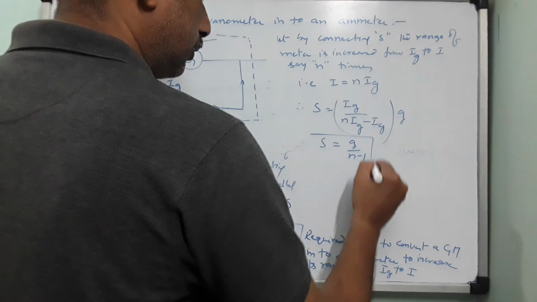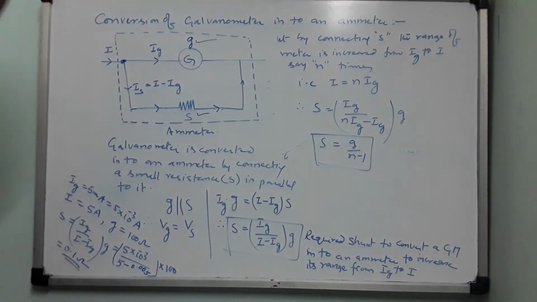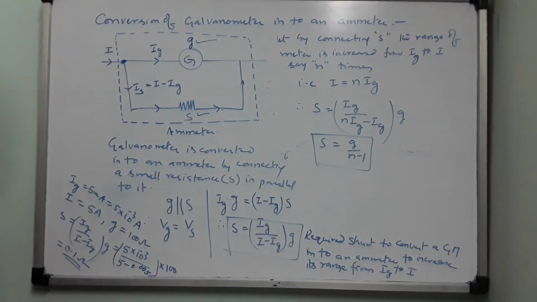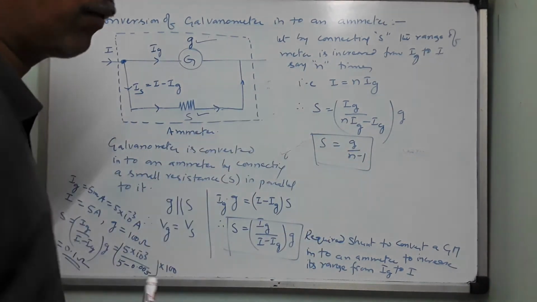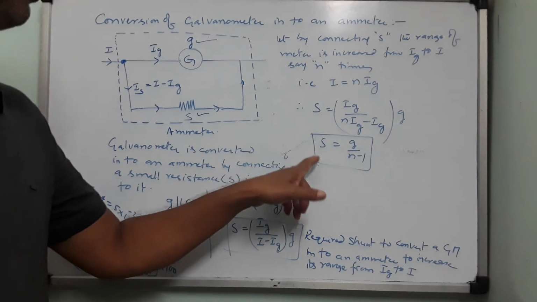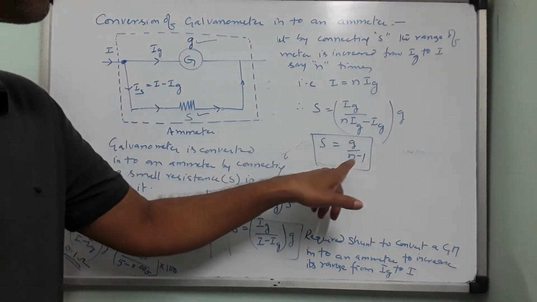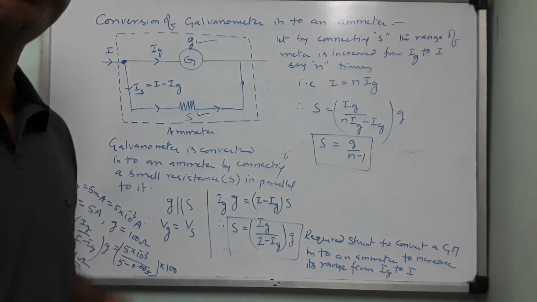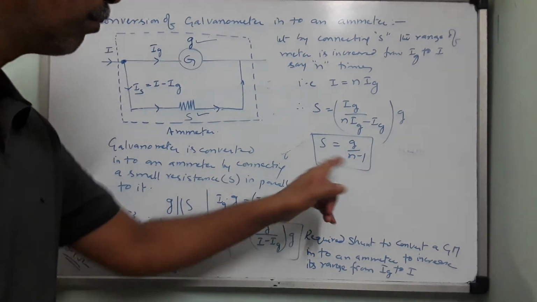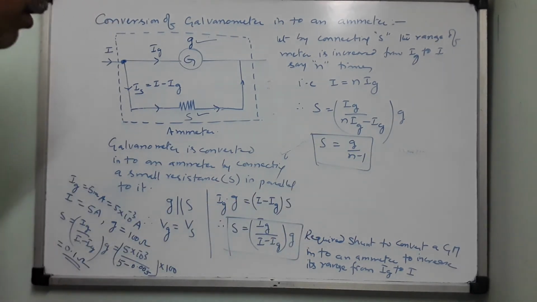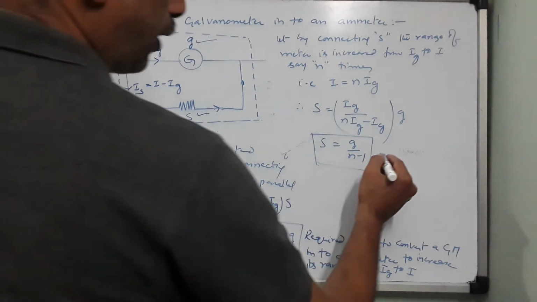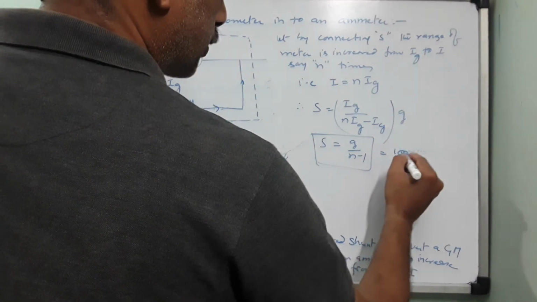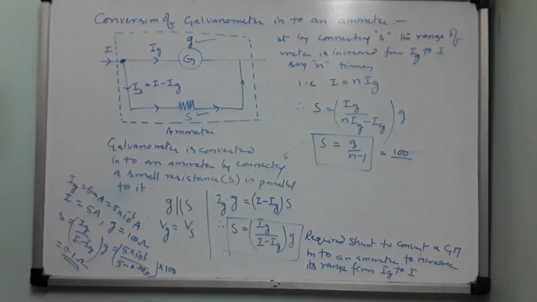This is the formula. So in terms of galvanometer's resistance, how do you calculate the resistance value of shunt? Means S equals galvanometer's resistance divided by the number of times the range of the meter is increased, minus 1. Now you can use this formula directly. G is how much? 100 ohm is given, divided by n. n is how much?